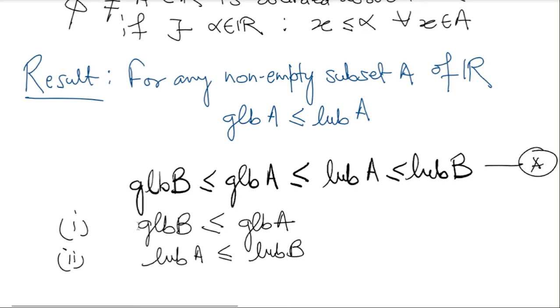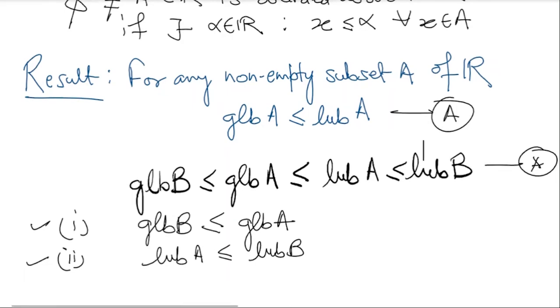In order to prove star, I will prove 1 and 2 first, and then use this result, let me call it A, to combine 1 and 2. Okay, so let's go ahead with the proof. Let's first try to prove the first step.